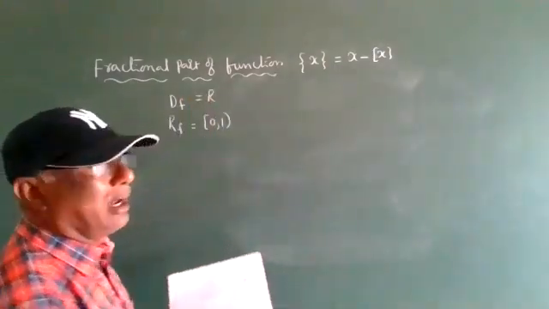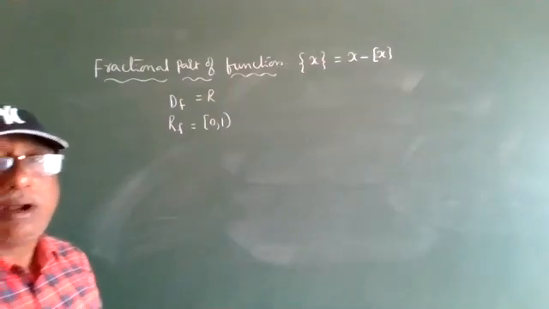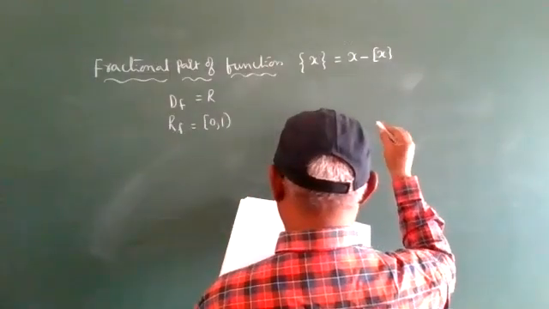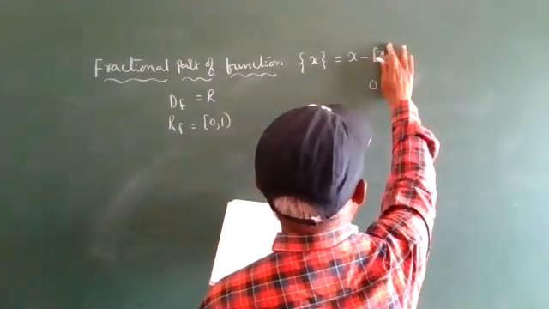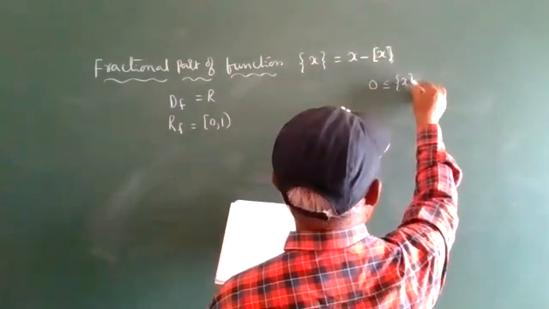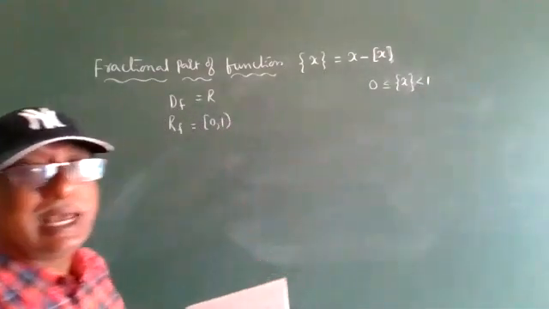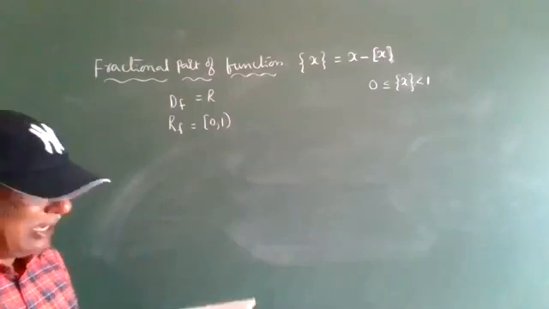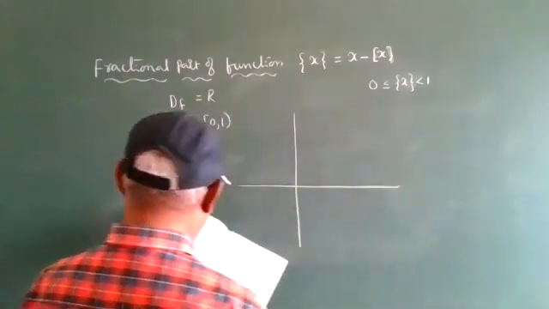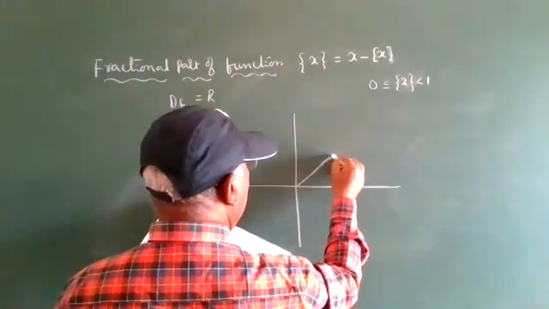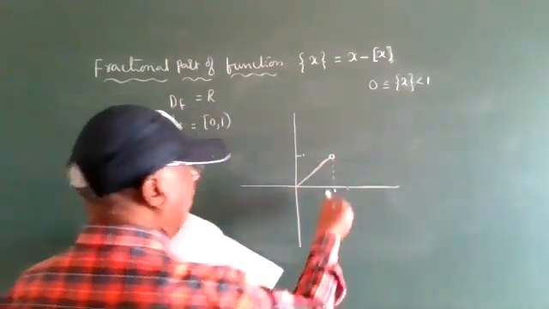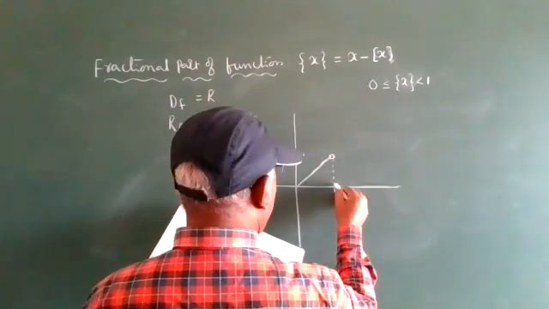All the values must lie between 0 and 1, positive values but less than 1. What is the figure of this one? Everyone see. 1 is not included. Again from 1 we can start.